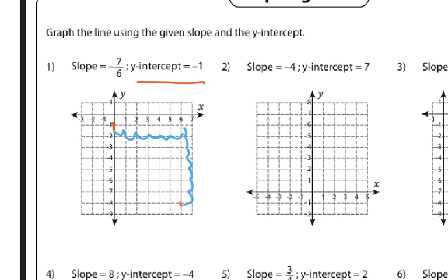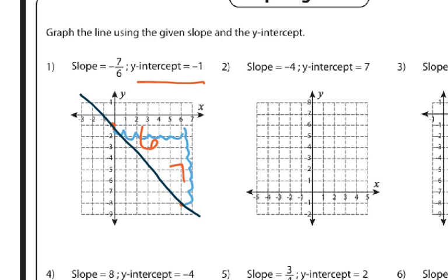So the other point would be right here. So let's just clarify. We ran 6 and fell 7. Now you're going to take your ruler and connect those 2 points. And I know my line is not straight, but you'll be able to get yours straight because you're going to be using a ruler.